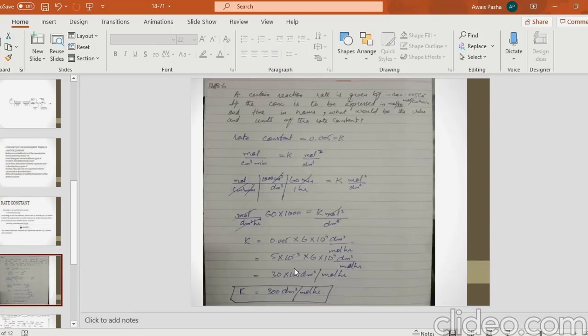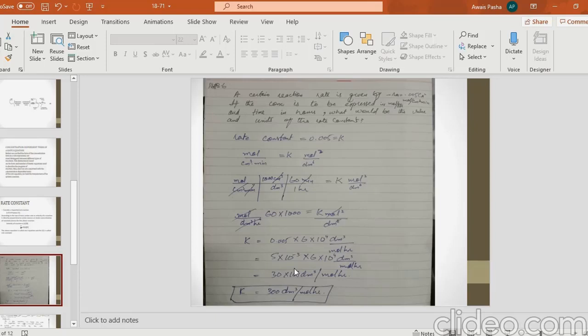Now we have a problem in which we have a certain reaction whose rate of reaction is 0.005. If the concentration is to be expressed in mole per centimeter cube per minute, and the time is in hours, what would be the value and units of the rate constant?